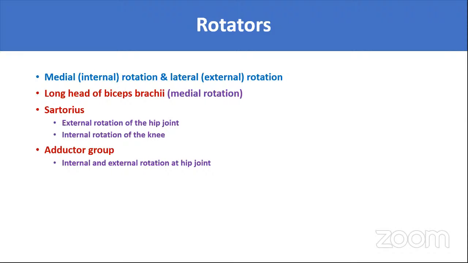And the adductor group brings about internal as well as external rotation. Generally, it is adductor magnus, adductor longus, adductor brevis, and gracilis muscle. These muscles are involved with the rotation at the hip joint.